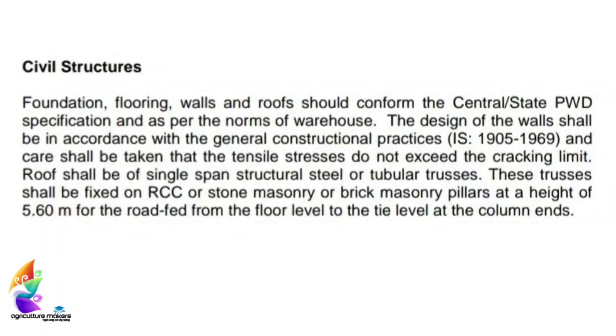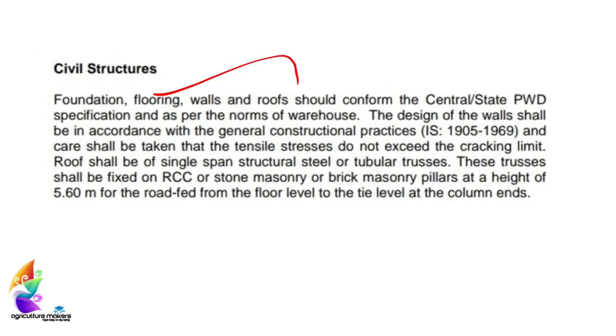Coming to the civil structures, the foundation, flooring, walls, roofs and everything should conform to the central or state PWD specification as per the norms of the warehouse, and the design of the walls should be in accordance with the general constructional practices, that is IS 1905 to 1969, and care shall be taken that the tensile stresses do not exceed the cracking limit.